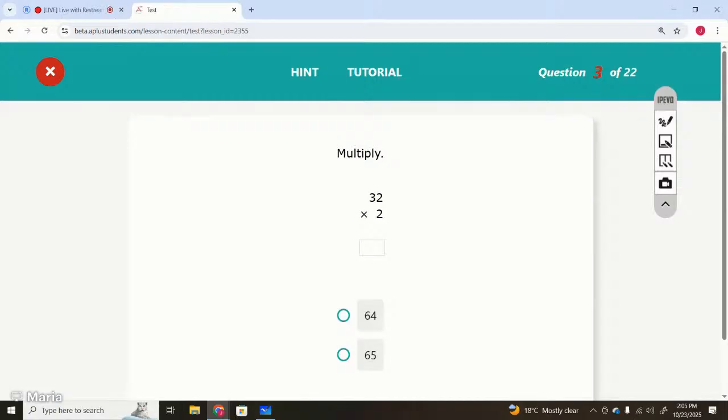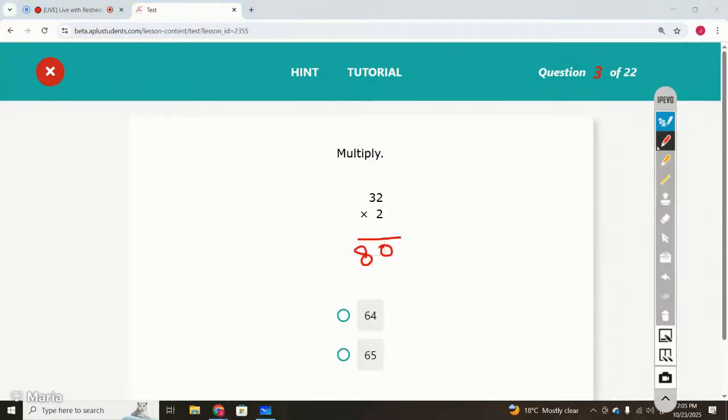Multiply 32 times 2. So multiply the ones. 2 times 2 makes 4. Then you have to multiply the tens. 2 times 3 makes 6. So that is 64.